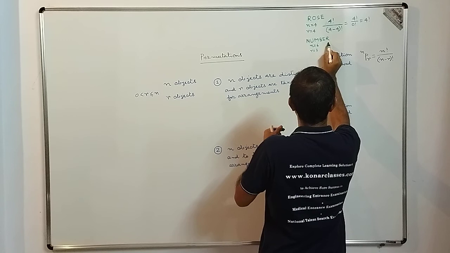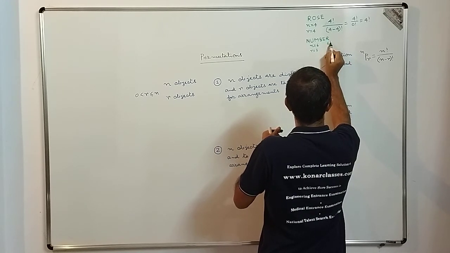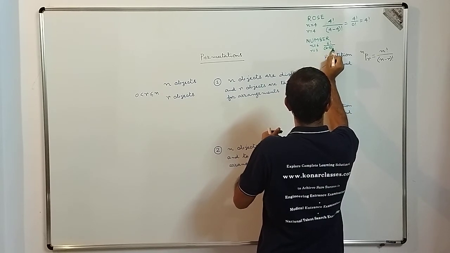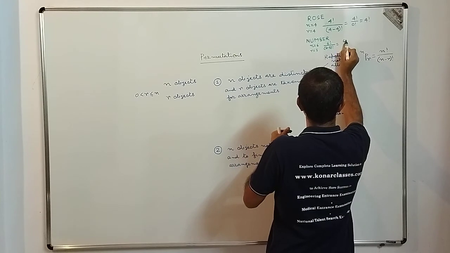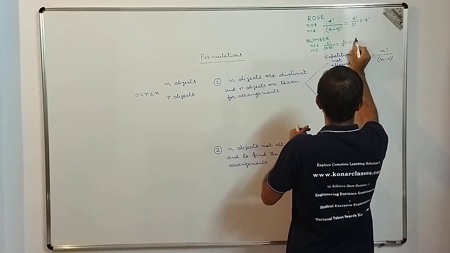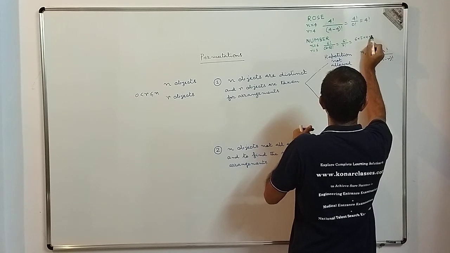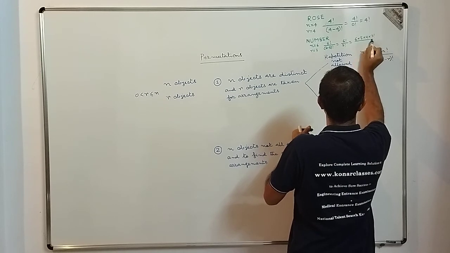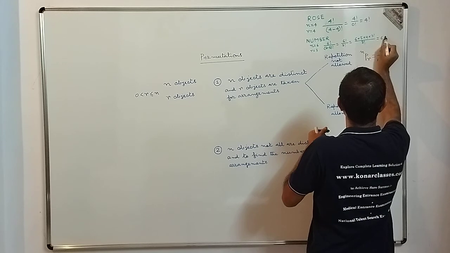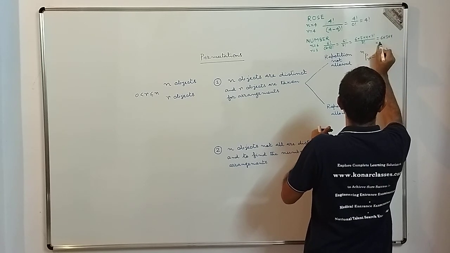So the possible number of arrangements are factorial 6 divided by factorial (6 minus 3), that is equal to factorial 6 divided by factorial 3, that is equal to 6 into 5 into 4 into 3 factorial divided by 3 factorial, that is equal to 6 into 5 into 4, which is 120.